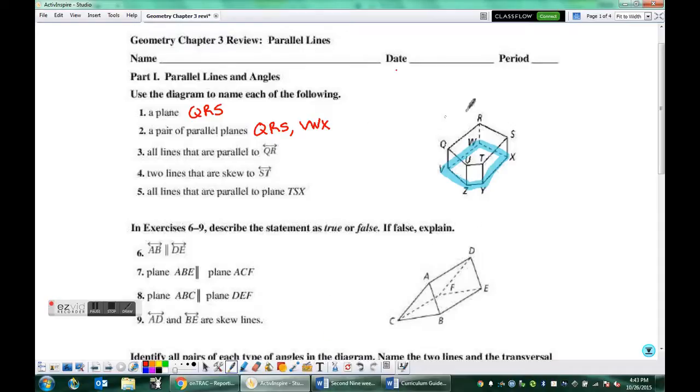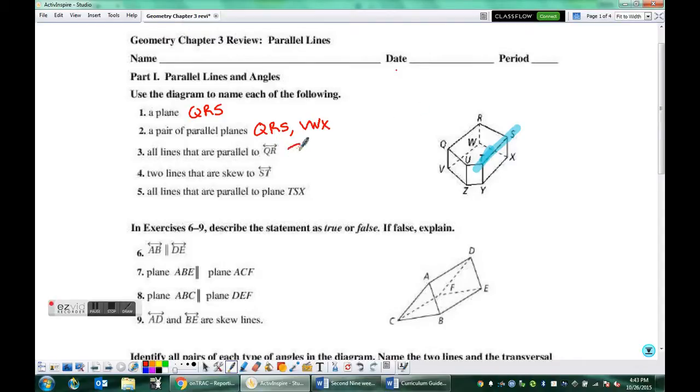For the third one, we're going to say lines that are parallel to QR. So that means they need to be running in the same direction. I'm going to highlight QR here, excuse me, I highlighted the wrong one.